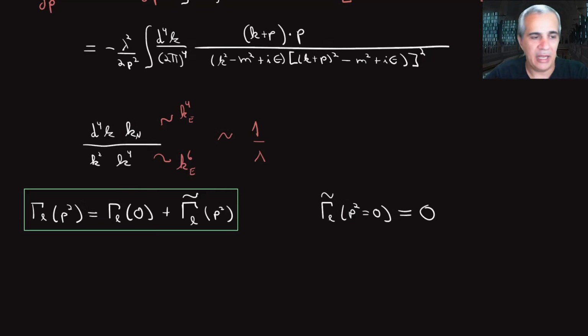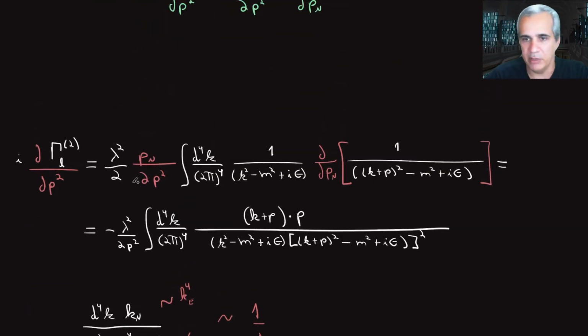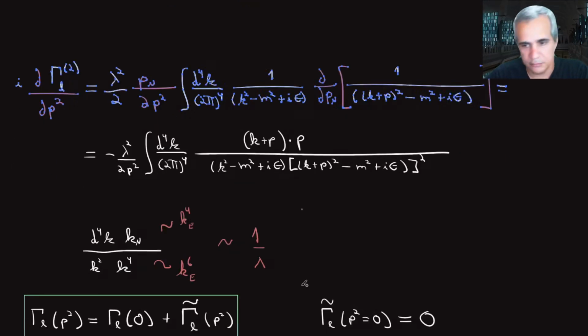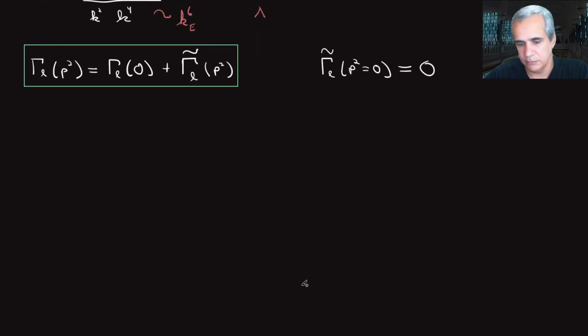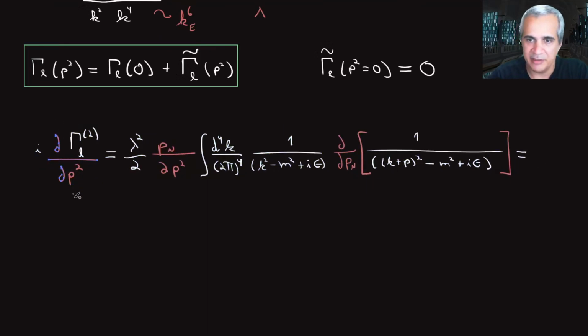So now let's do the Pauli-Villars regularization. Again, let me copy the part that I want to calculate. I just have to remove this derivative here.